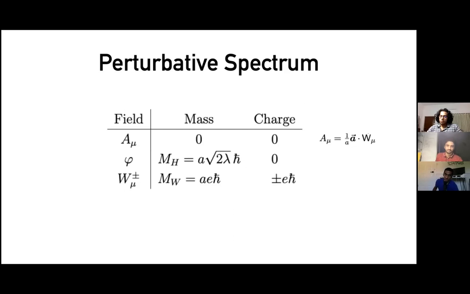So W plus, W minus and Z gain a mass, and then you have the electromagnetic gauge field that's massless. So this is basically a simpler version of that phenomenon. And remember, the W plus and W minus have a charge. So I encourage you guys to work this out.